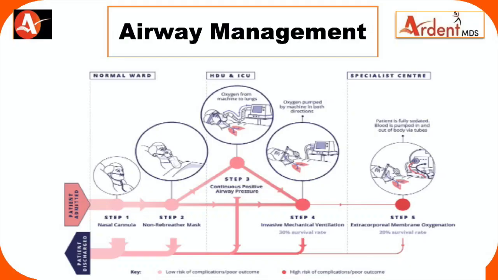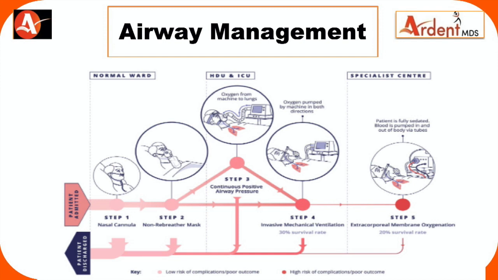So in case of step 1, for the normal ward, you can go for the nasal cannula or non-rebreather mask. Once the patient goes to the next stage, that is step 3, then you can go for continuous positive airway pressure, that is CPAP, which is indicated.